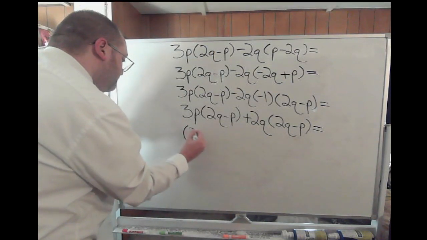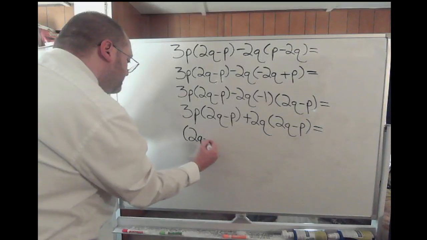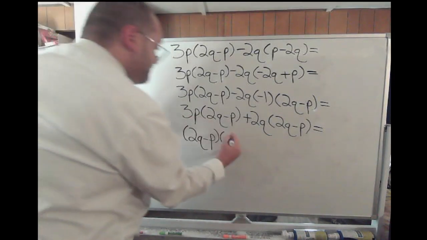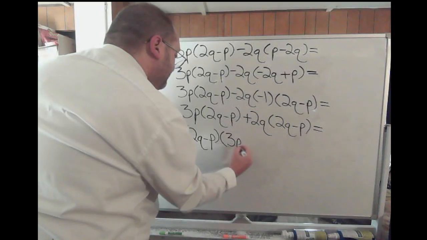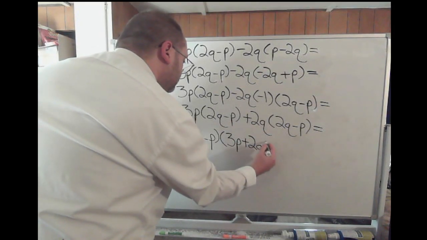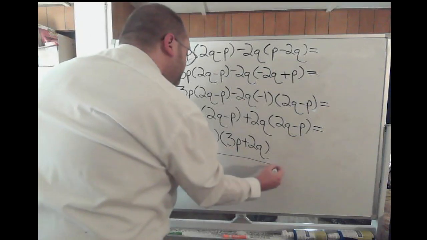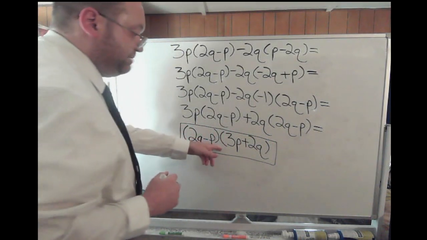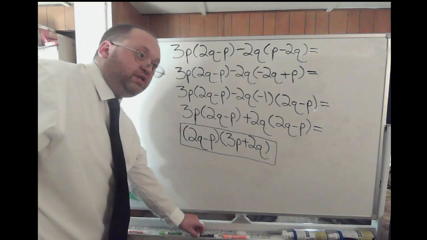Let's go ahead and do that. 2q minus p times your quantity, what's left of 3p plus 2q. So the answer you should get for this would be the quantity of 2q minus p times the quantity of 3p plus 2q.